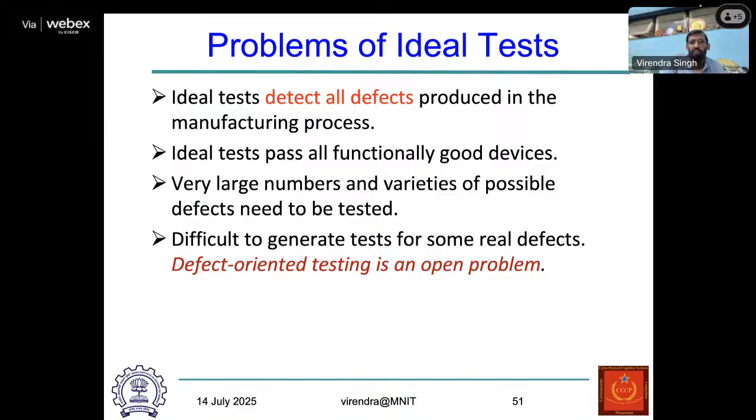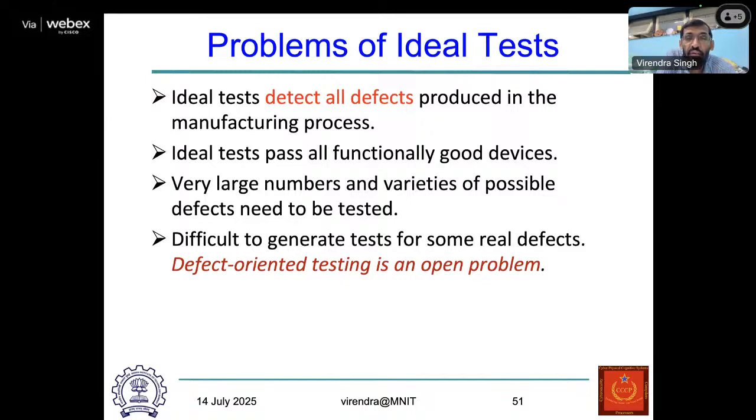The problem that we have with the ideal test is that an ideal test is supposed to detect all the defects that can happen during the manufacturing process. I will discuss these things in a few minutes. But there can be numerous defects.